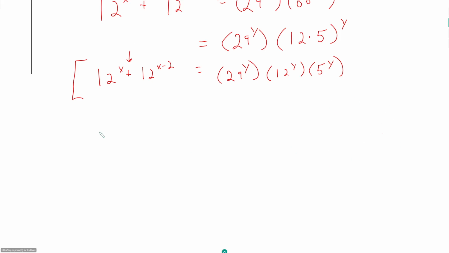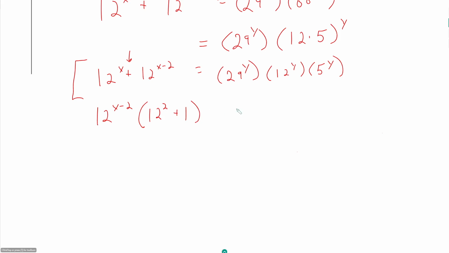And so if I factor out this 12 to the x minus 2, now we are sort of reverse engineering our exponent rules. So to get back to 12 raised to the x, we need to add 2 here. So this should be a 12 squared, and then plus 1 over here.